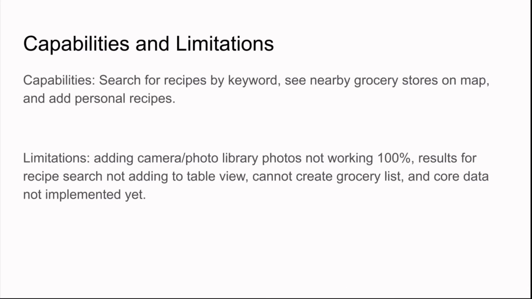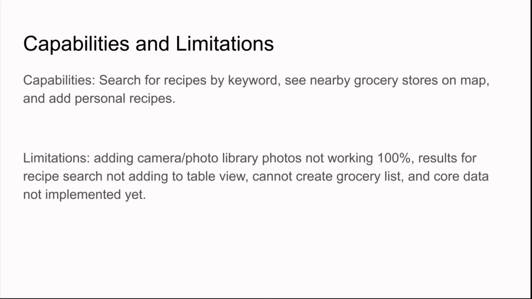Some capabilities and limitations. So items that were not implemented 100% in my final build are adding items to your grocery list, adding recipe images with camera or photo library, table view additions from a web search, and core data was also not implemented 100%.